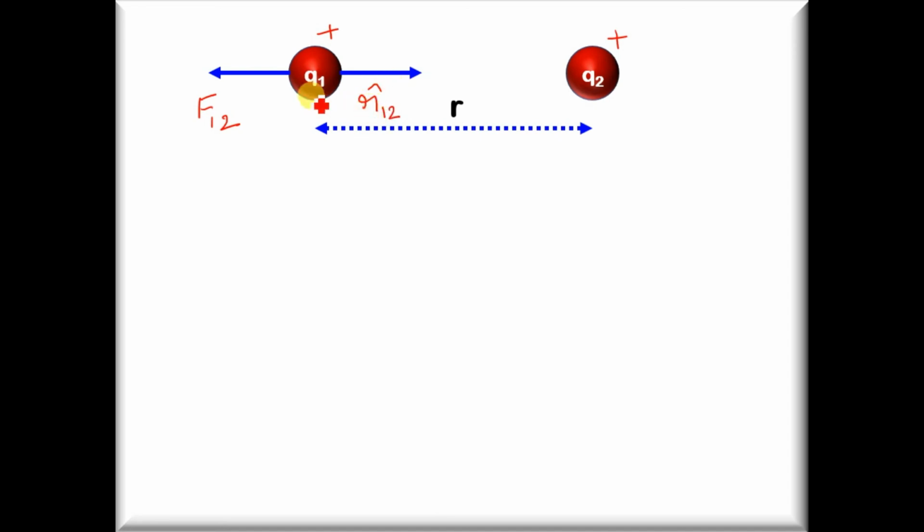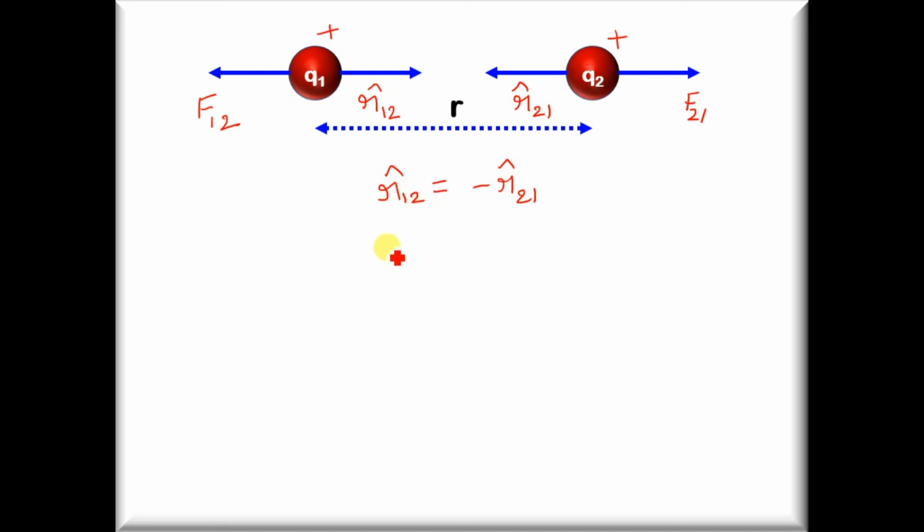And in a similar way, the force acting on Q2 due to Q1 will be away from this charge, which is nothing but your F21, and the corresponding unit vector will be in this direction, R21 cap. So this is the distribution of how the forces are acting on each other when both are similar charges, whether it is positive charge or negative charge. Now from this you can clearly see that your unit vector R12 cap is opposite to R21 cap.